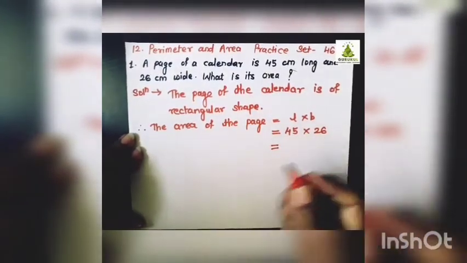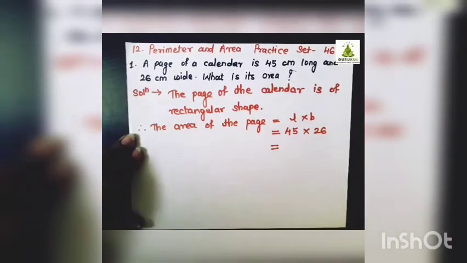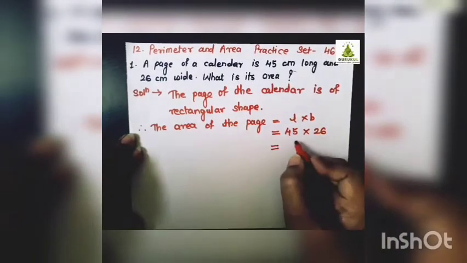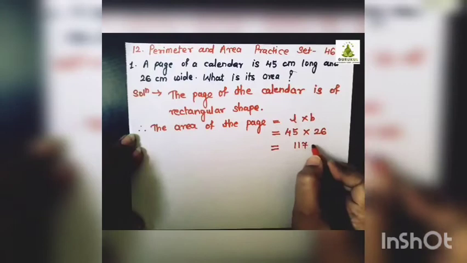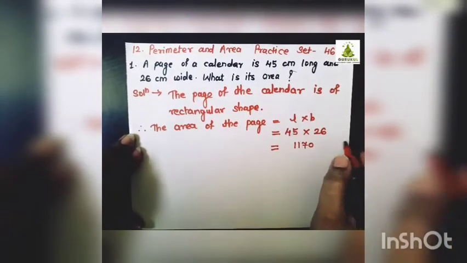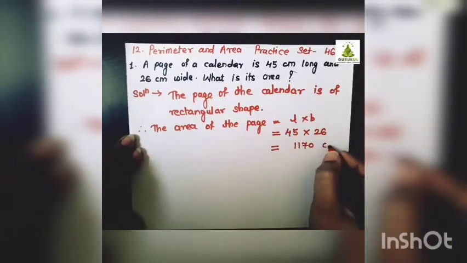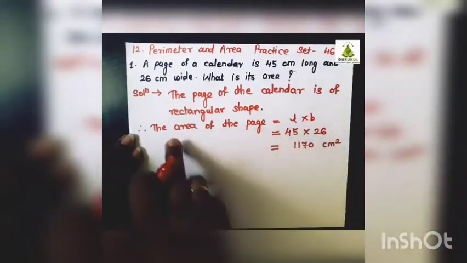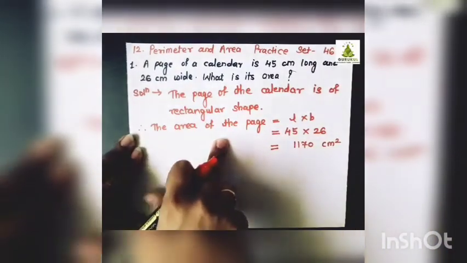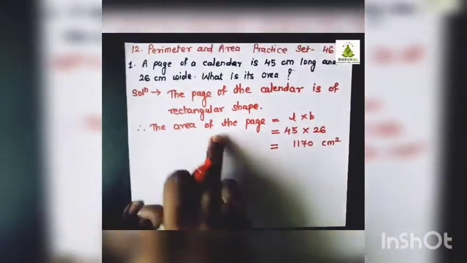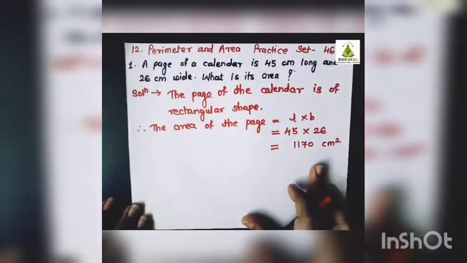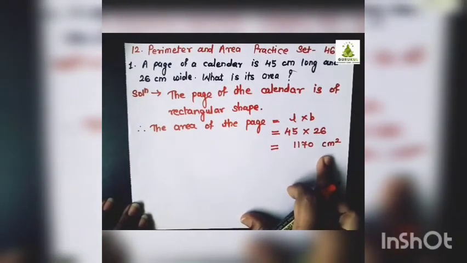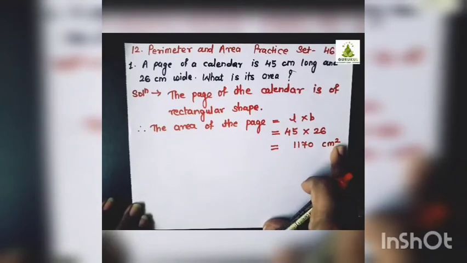Do the multiplication in rough, and you will see the answer comes 1170 centimeter square. We have to write this because this is area, and whenever you write the unit for area, you should never forget to write centimeter square.